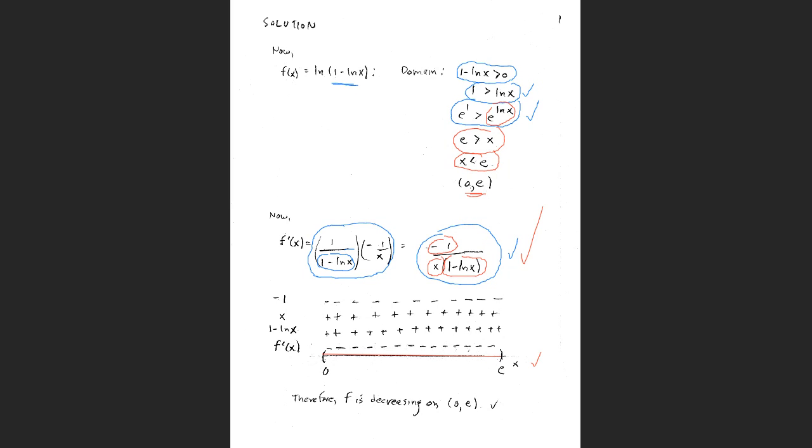And now I put each factor down, or each component. Negative 1 is always negative. Positive x over the interval from 0 to e would always be positive. And 1 minus the log of x also would always be positive from 0 to e.